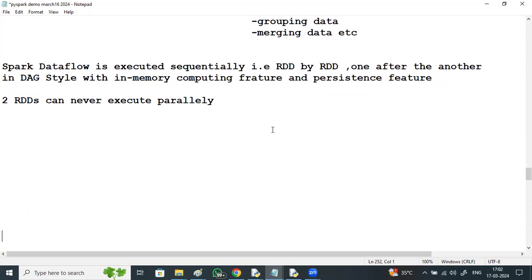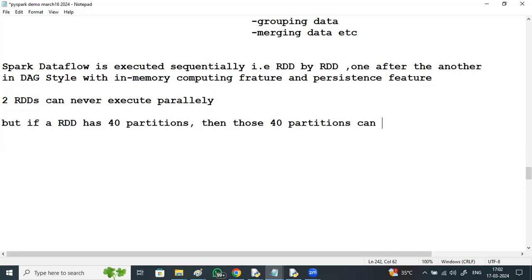But if an RDD has 40 partitions, then those 40 partitions can execute parallelly.